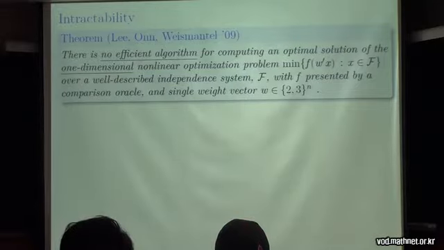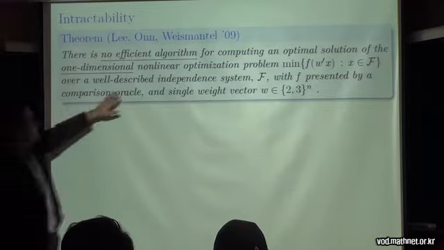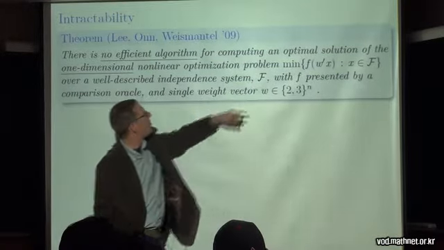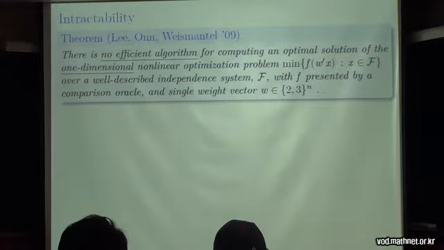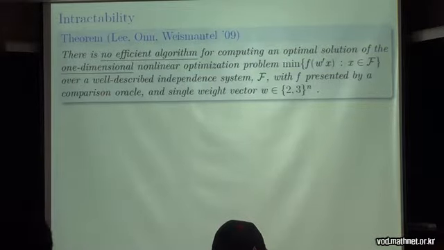It doesn't give me a value, it gives me which is better. Even if the feasible points form a well-described independent system in the sense I just talked about, you can prove that there's no efficient algorithm to do that, independent of whether P equals NP or P doesn't equal NP, it doesn't matter. That's a provably exponential problem.